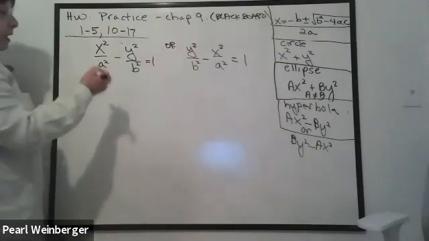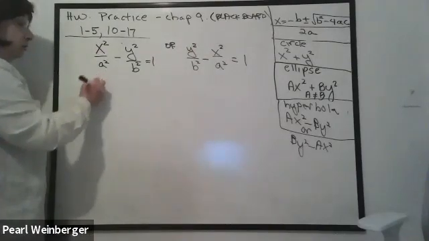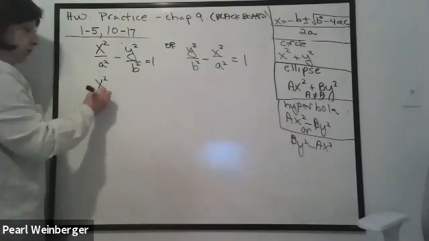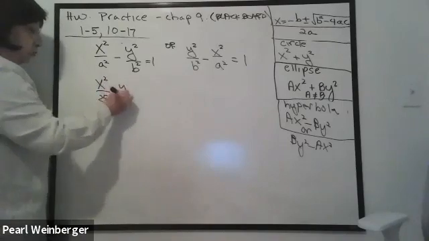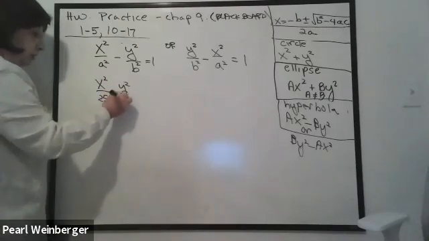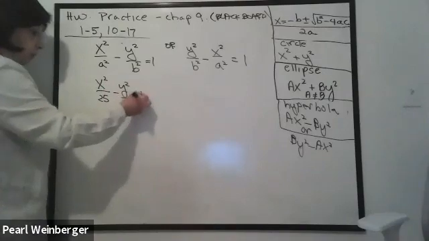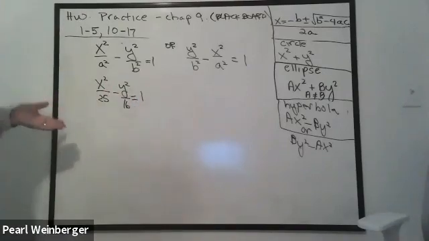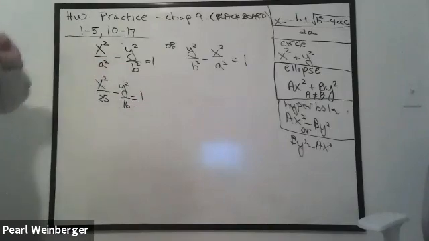So for example, I might give you something like this: x squared over 25 minus y squared over 16 equals 1. This would be a hyperbola. I know it's a hyperbola because I have an x squared minus a y squared. I have x squared and y squared, but they're different signs.